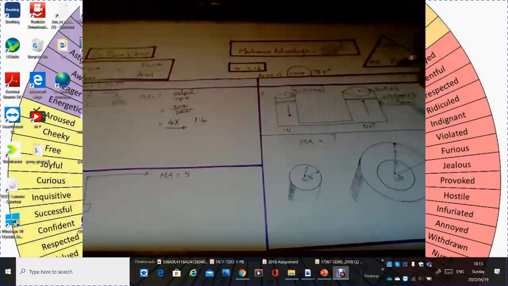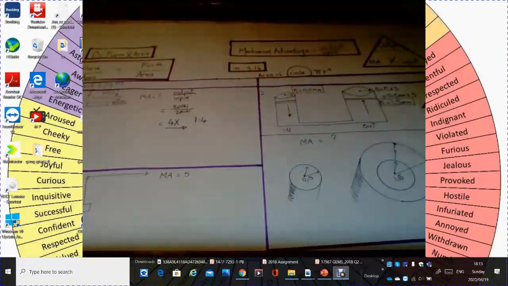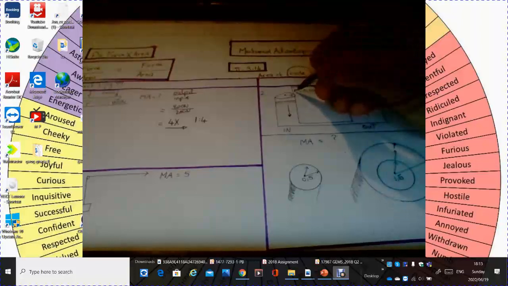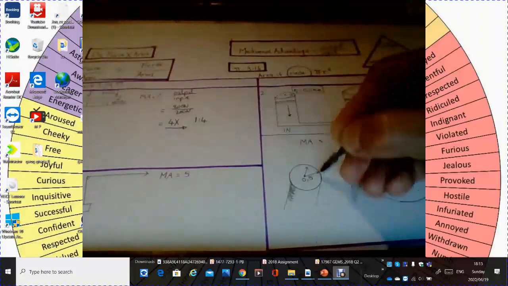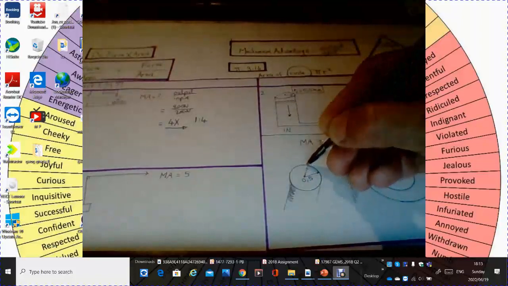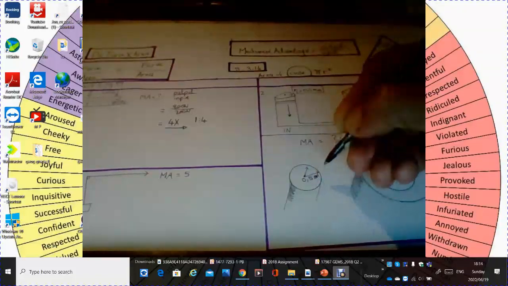Now they want to know what the mechanical advantage is. So we write down mechanical advantage equals question mark. Let's go to our radius. This radius is 0.5 millimeters. The radius from the centre to the edge of the cylinder is 0.5 millimeters.